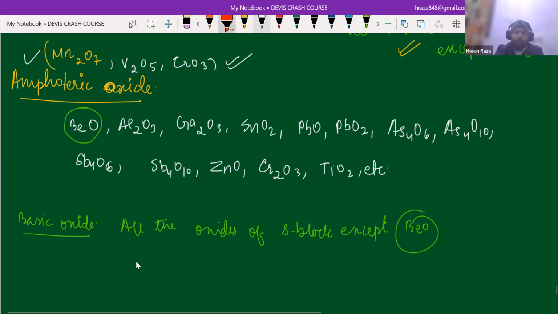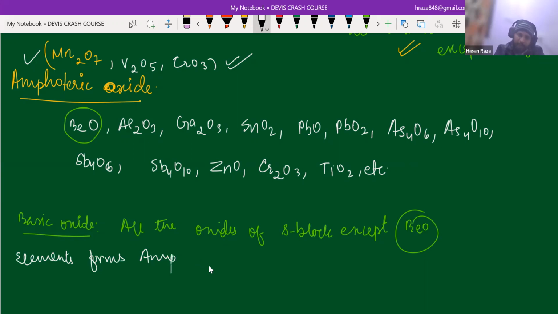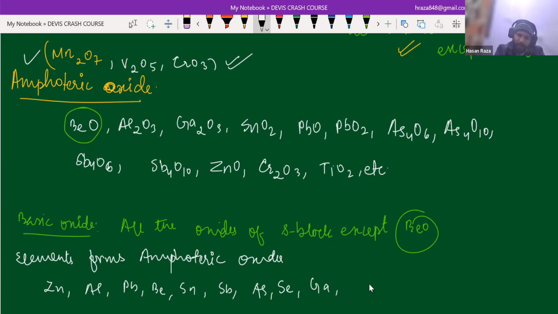Now the most important point comes here. The elements which form amphoteric oxides are basically zinc, aluminum, lead, Be, Sn, antimony, As, selenium, and then gallium, and then chromium.